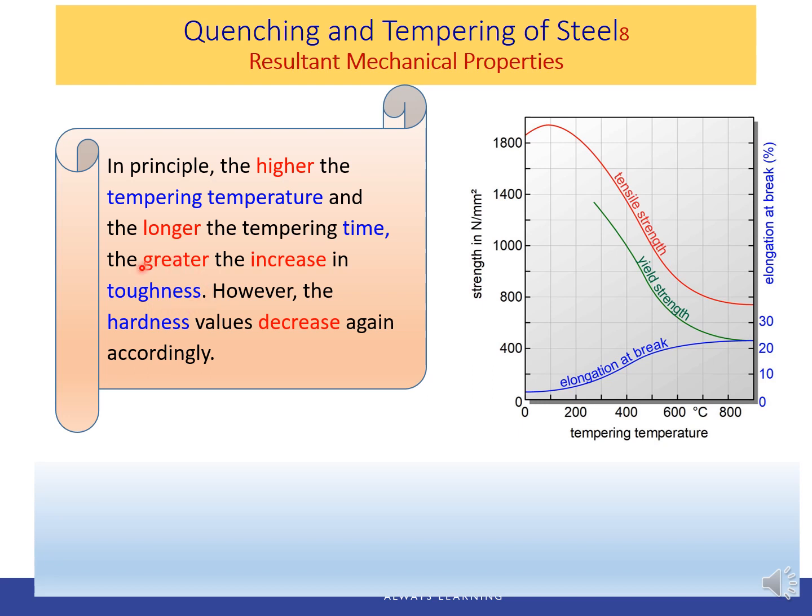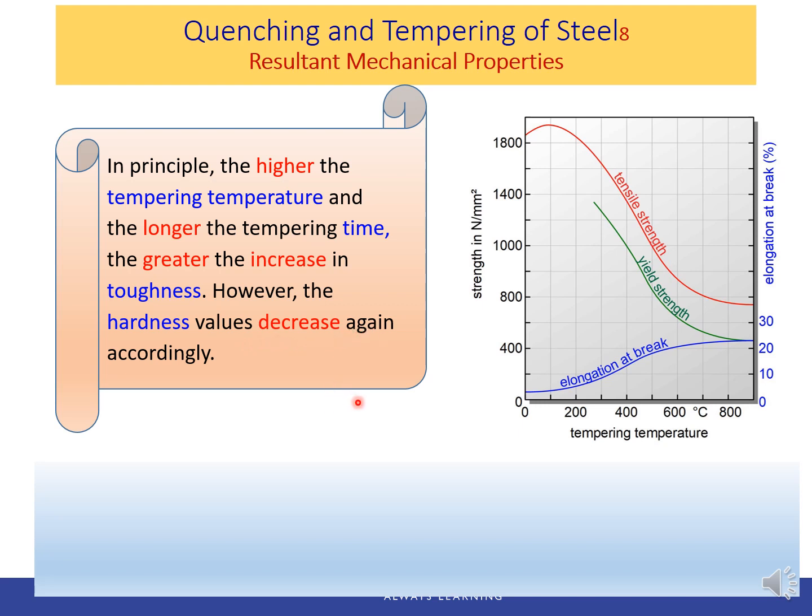So toughness is a combination of strength and ductility. So it has to be strong as well as ductile for the material to be tough. However, the hardness value decreases again accordingly.